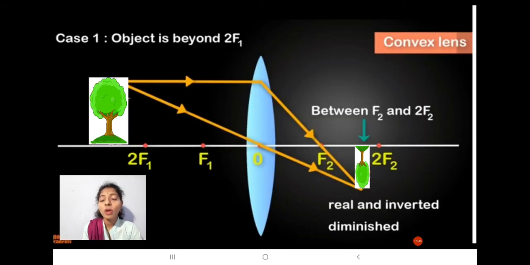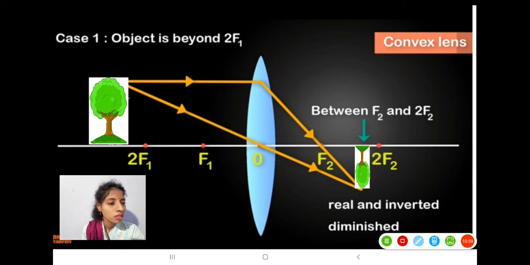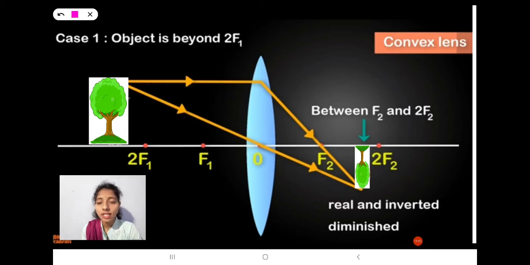So when we keep the object beyond 2f1, we observe a real and inverted image. The object is upright and we observe the image inverted, and it is diminished.